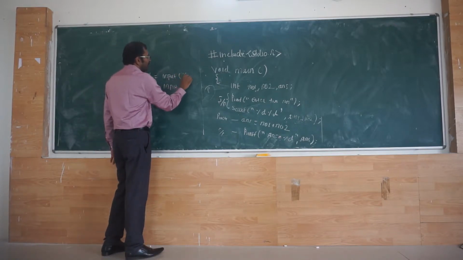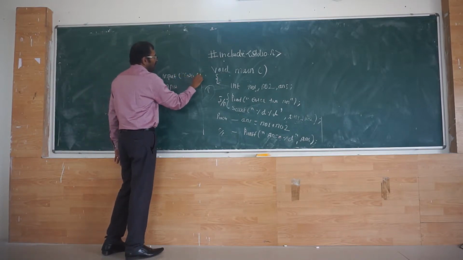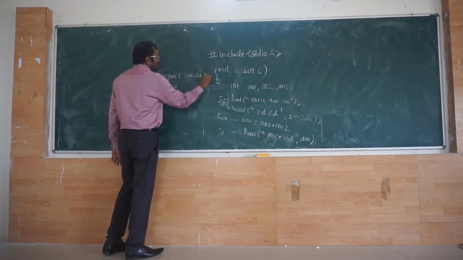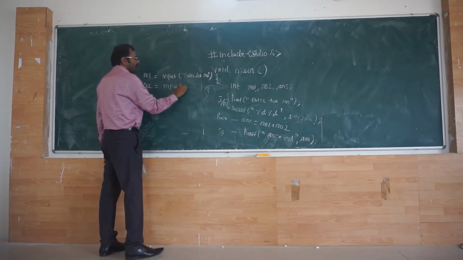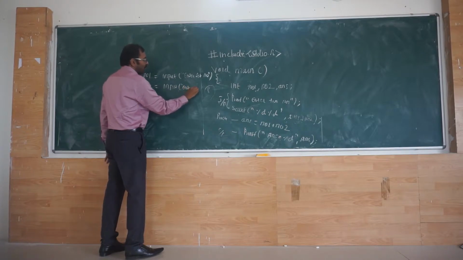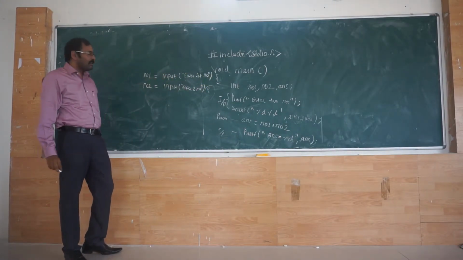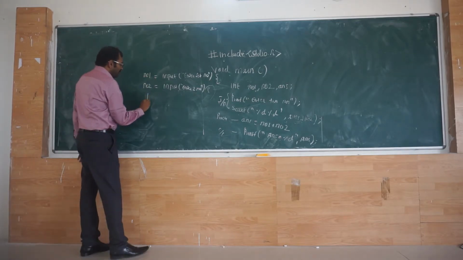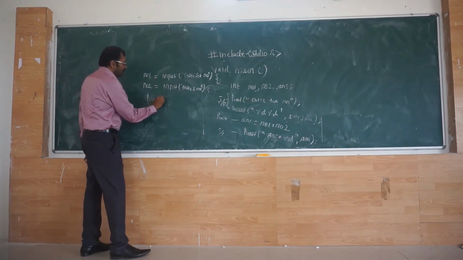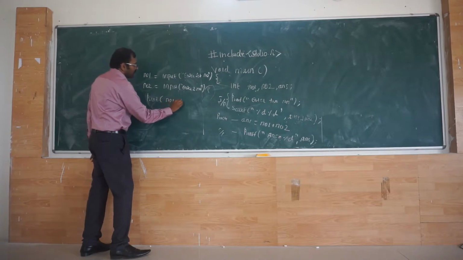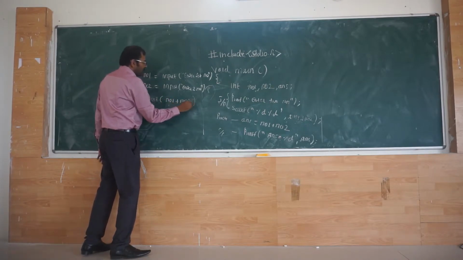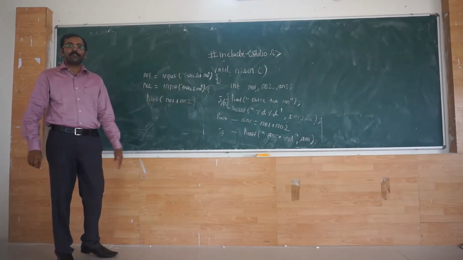Here, enter first number. Here, enter second number. No semicolon at all. Simply you can write. Third one, print number1 plus number2. Within 3 lines we can finish.